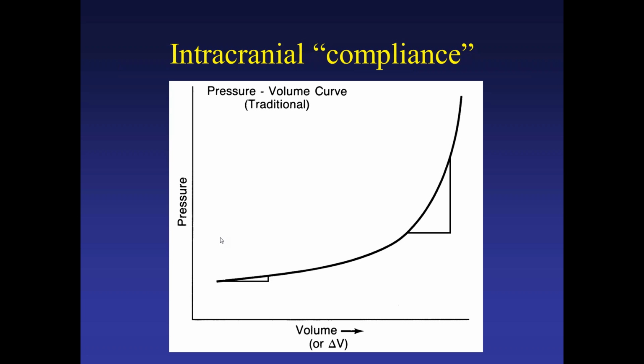You have ways to dump other kinds of volumes. So can anybody think of ways that you can get volume out of the cranium naturally? Squeeze out CSF? Squeeze it out to where?